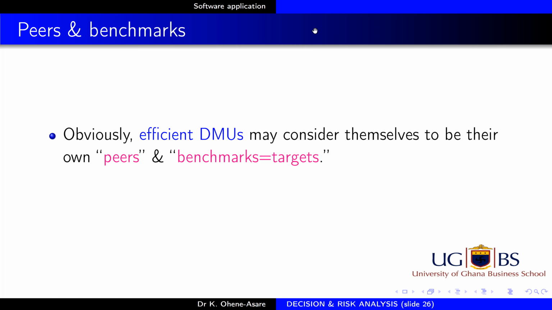Targets are any point on the frontier, which can be real DMUs or artificial DMUs, or what we call virtual DMUs. But the main difference between peers and targets is that all peers are targets, but not all targets are peers. This is important.